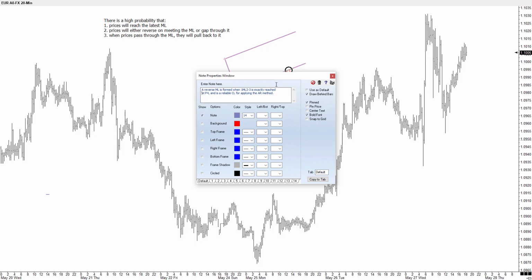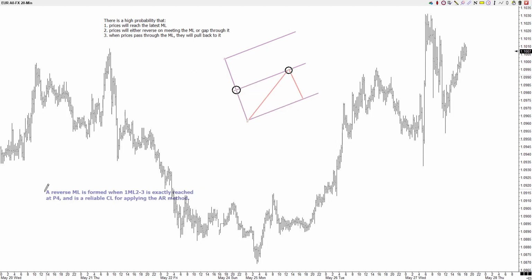This is really the only direction given right here. A reverse ML is formed when 1 ML 2,3 is exactly reached at P4 and is a reliable CL for applying the AR method. Alright, don't glaze over. This can be like looking at Elliott rules, right? We'll put that to the side for a minute.